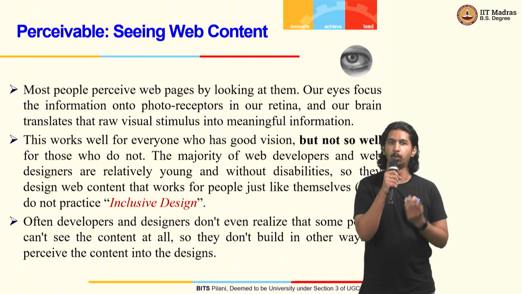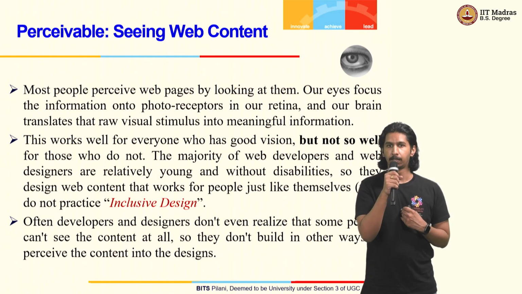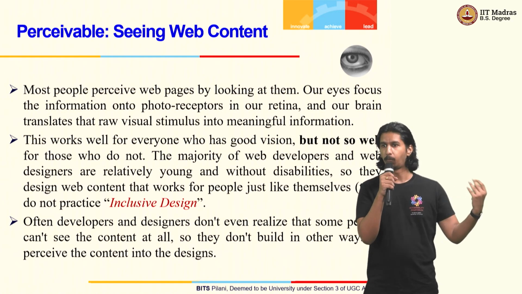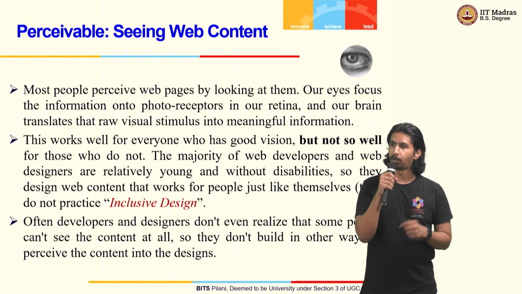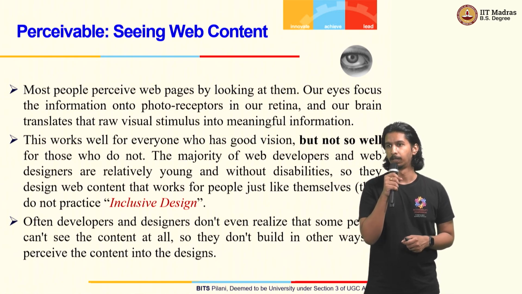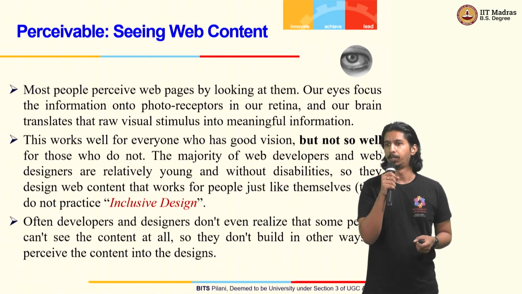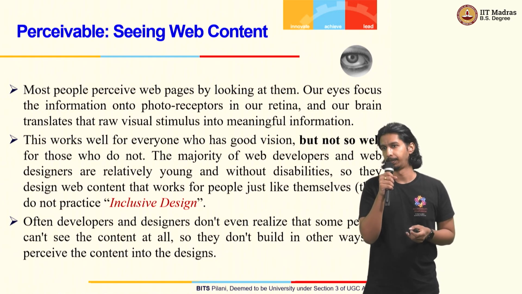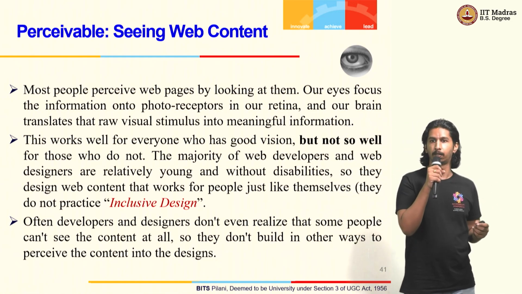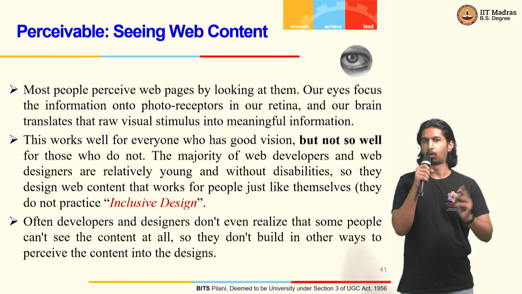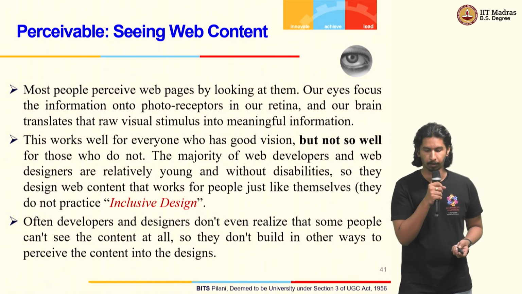Inclusive design and universal design are 2 concepts where I am going to develop a software, but I realize that it is not for me. It is for a variety of users, right? If you go to a restaurant, does the chef cook for himself according to his taste or for your taste? Your taste, right? But why is it for software engineering that if I am a software engineer, I am developing as per my needs? That is what usually is happening, right? 95% of the internet is inaccessible because engineers think the software that I am developing is for people like me, right? So we are not practicing inclusive design, right?